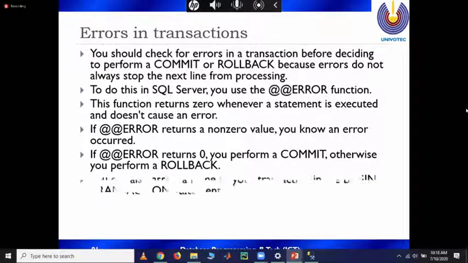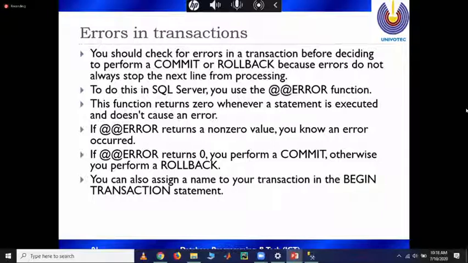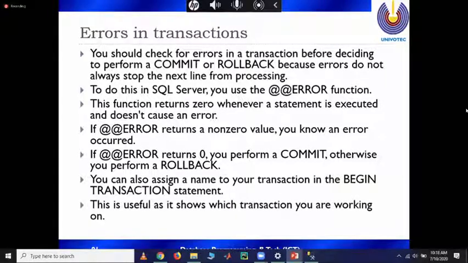Then you can decide. You can also assign a name to your transaction in the begin transaction statement. This is useful because if you have many transactions, you can refer to a particular transaction for commit and rollback.